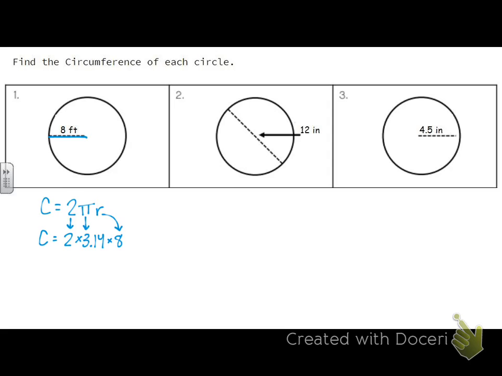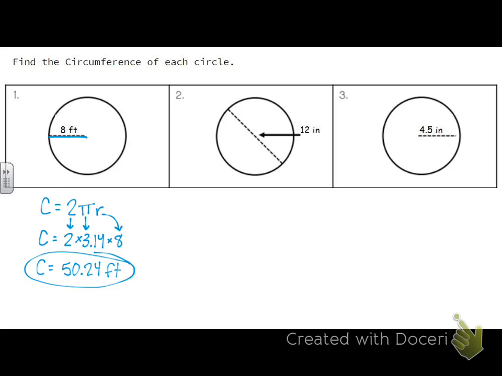Now you're going to take out your handy dandy calculator and type in 2 times 3.14 times 8, and you should get 50.24. Since my radius was in feet, my answer is in feet also. So my final answer would be 50.24 feet.